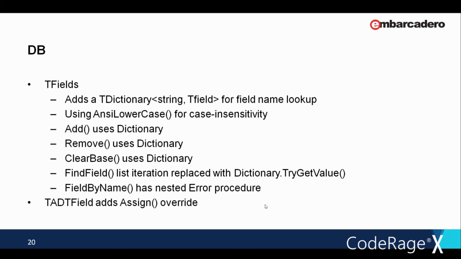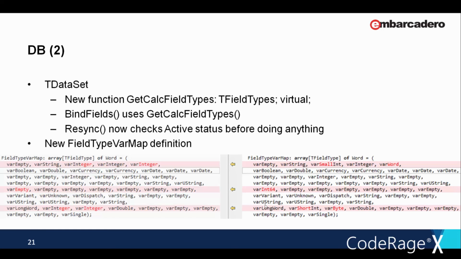If I have time, I will show a demo of that. And field by name is one of those performance improvements I was talking about earlier. It has a nested error procedure so that every time you call field by name, it should run somewhat faster than it did before. TADTField adds an assign override for special handling on an ADT field.